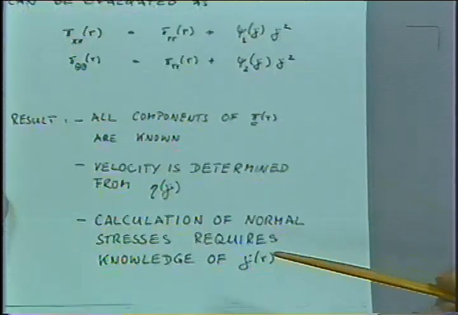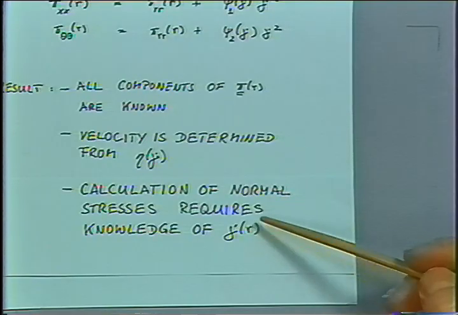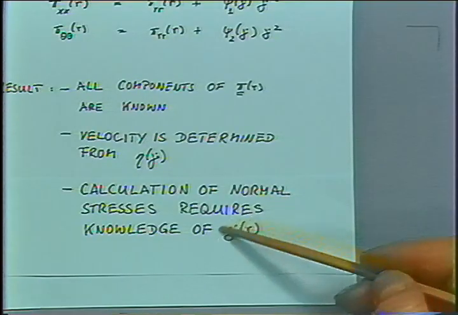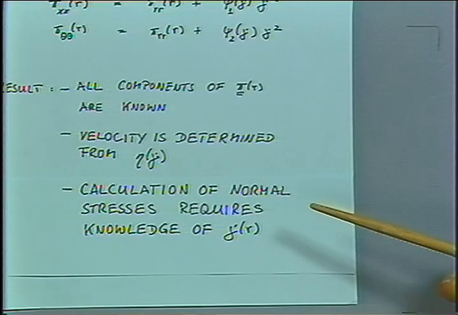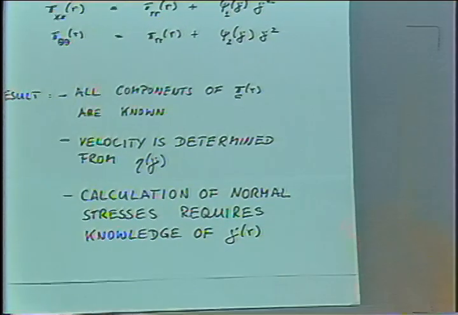If you want to have the other normal stress components, you need knowledge of the kinematics, and of course you need the material functions to describe that. So in summary, if you have the 3 material functions for steady shear flow, you can introduce those in a modeling calculation and really complete the information about the stress tensor.